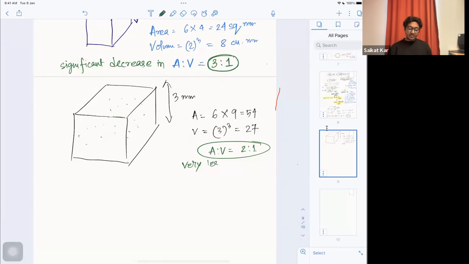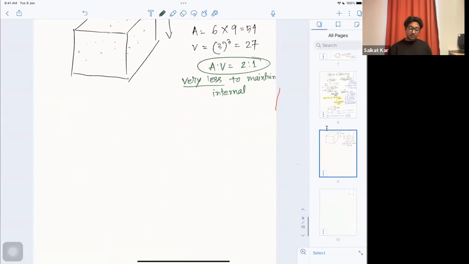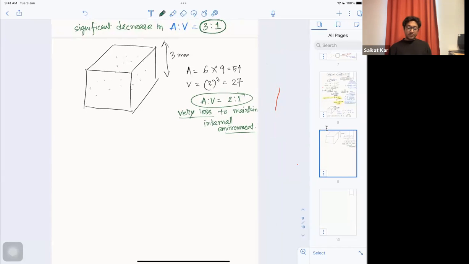So very less area to volume to maintain the internal environment. I think you have understood.